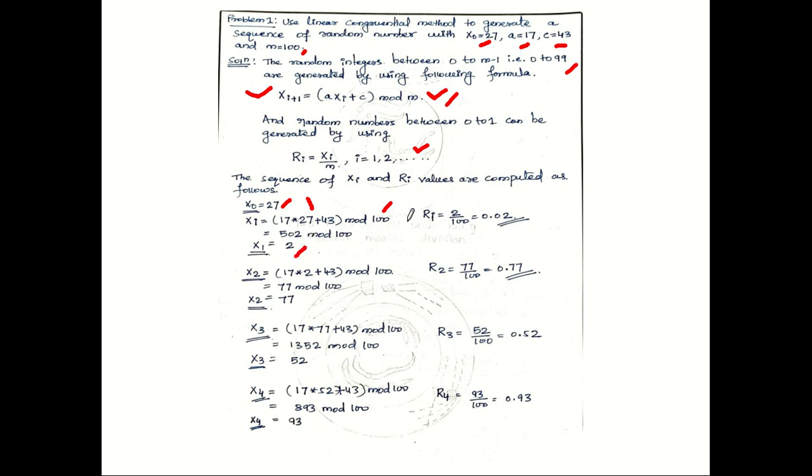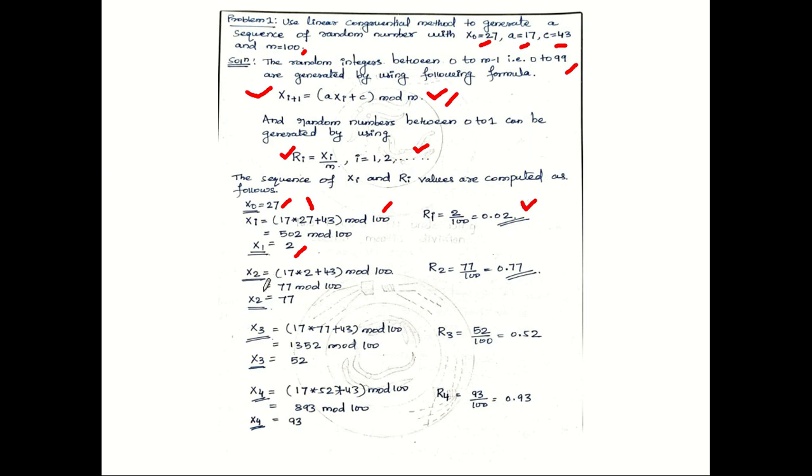The equivalent random number is generated by substituting in Ri equals xi divided by m: 2 divided by 100 equals 0.02. So this is the random number R1.